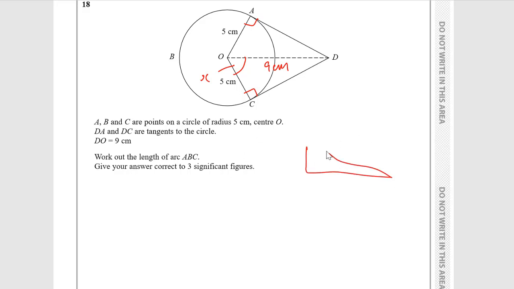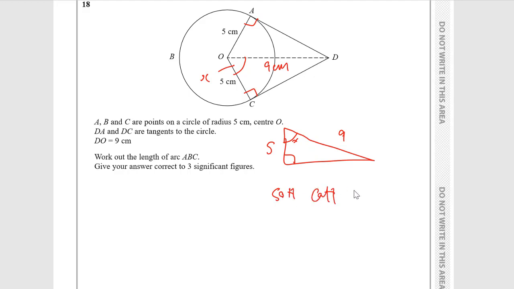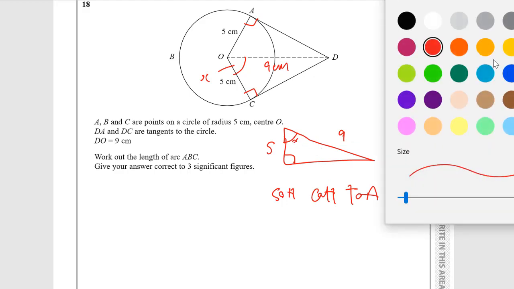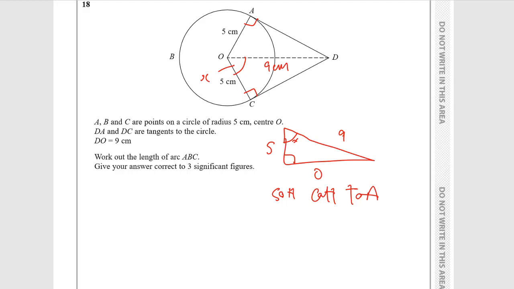So let's draw it out. 9 here, X is there, 5 here, X is here. So we do SOH CAH TOA. This is going to be the opposite, because it's opposite the angle x. This is going to be the hypotenuse because it's opposite the right angle.